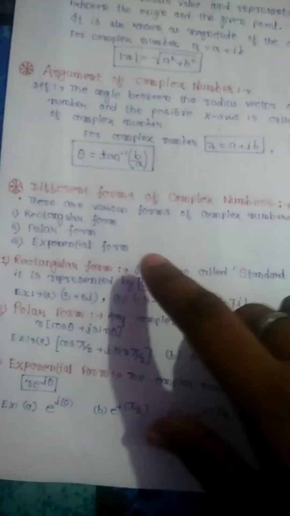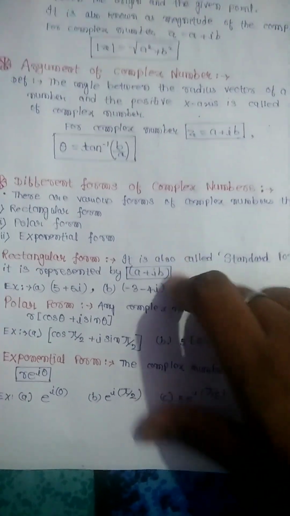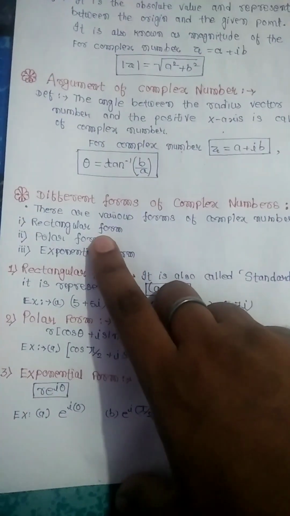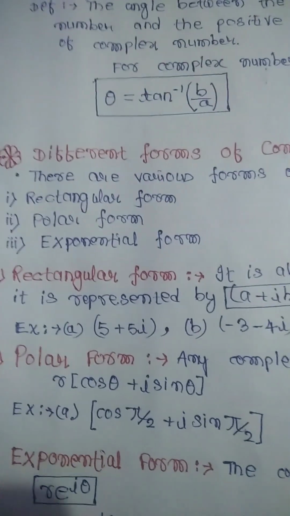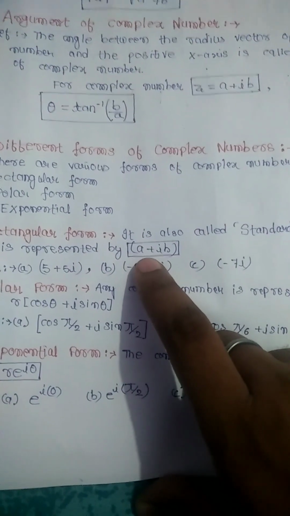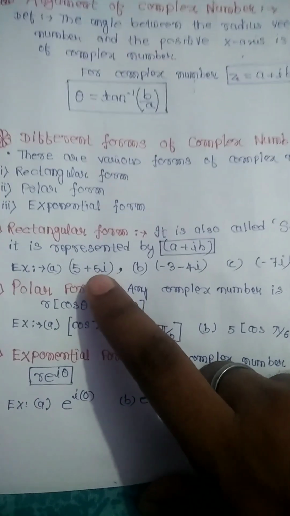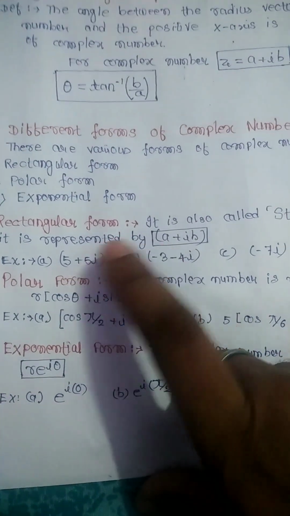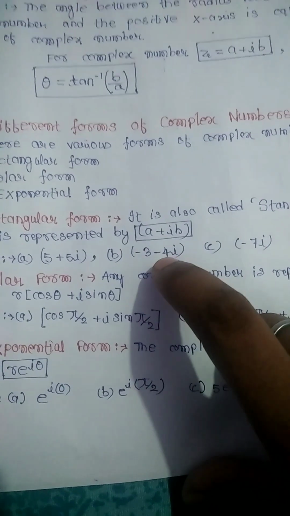Now what about the different forms of complex numbers? Basically there are various forms: first is rectangular form, second is polar form, and third is exponential form. Rectangular form is the very easy, traditional method. It is also known as standard form, and it can be represented as a plus ib. Taking examples, we can write 5 plus 5i, or minus 3 minus 4i.